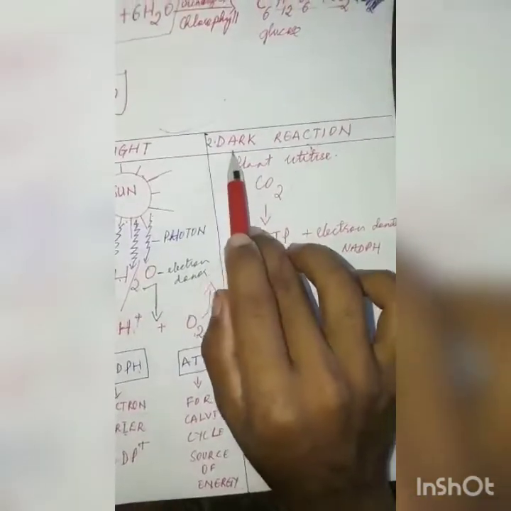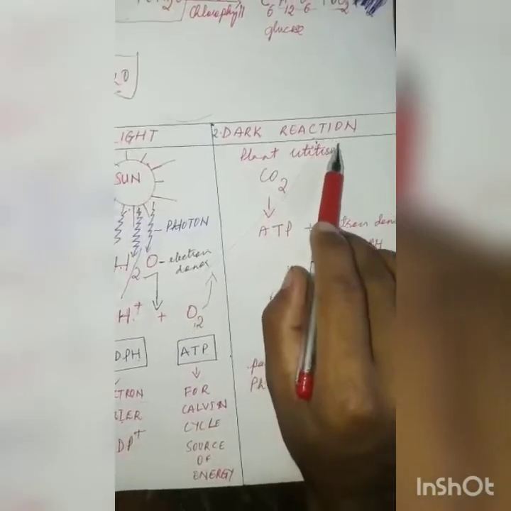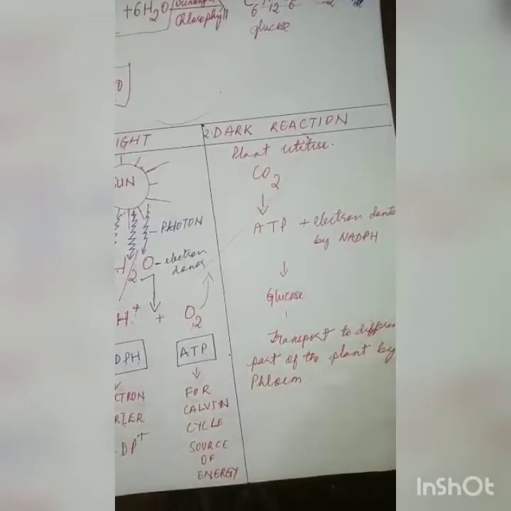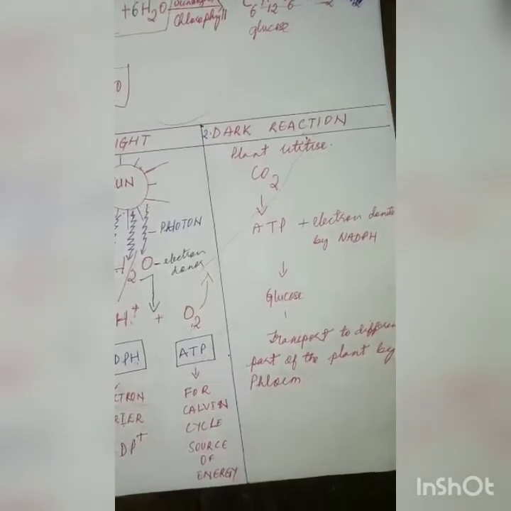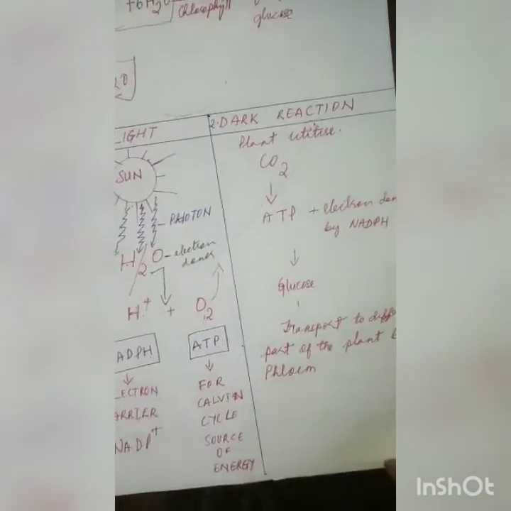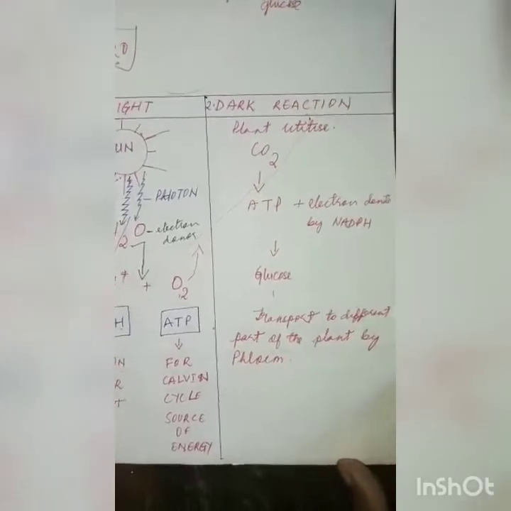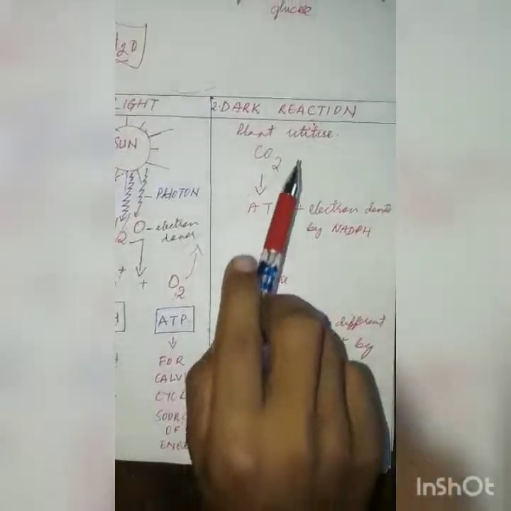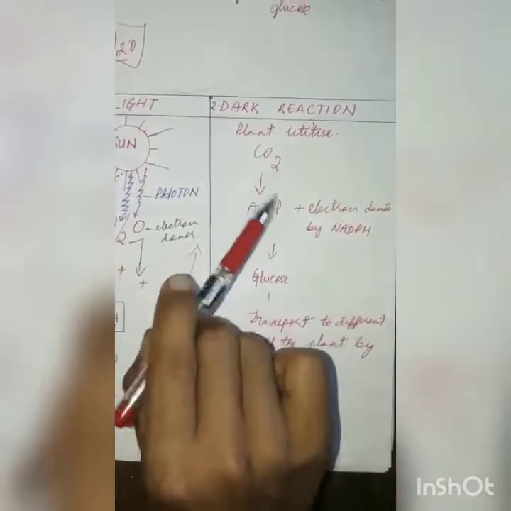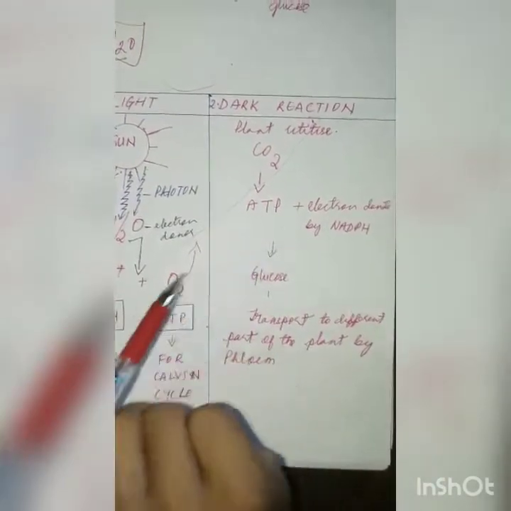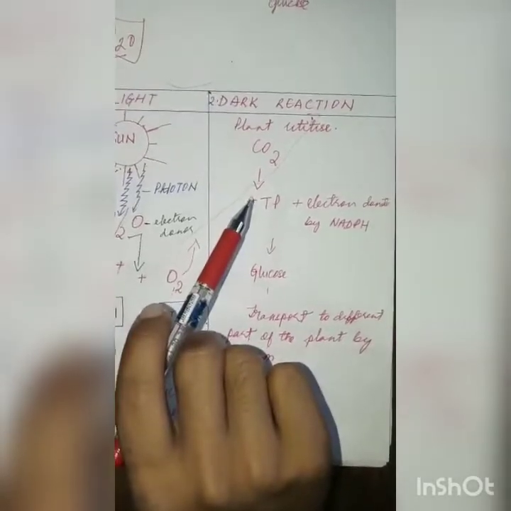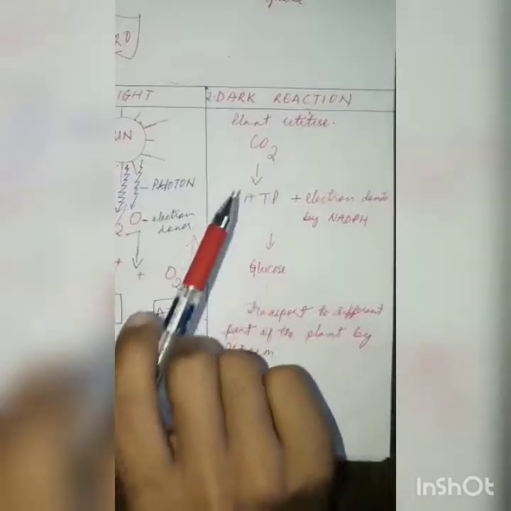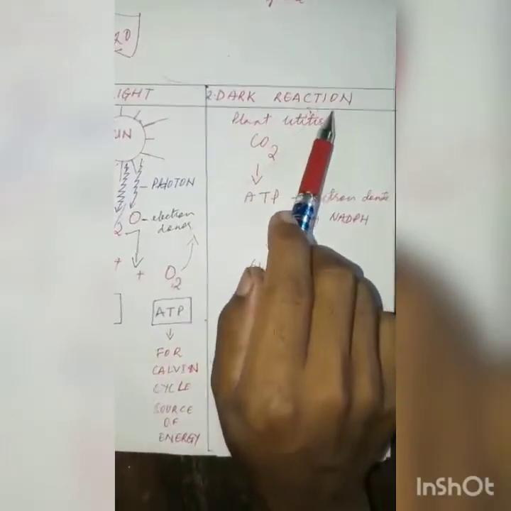From the word itself, dark reaction doesn't mean that it occurs in the absence of light, but that is not the condition. This dark reaction occurs because it does not require light energy to perform the chemical reaction. Even if light is there, it will not be used. That's why it is known as the dark reaction.